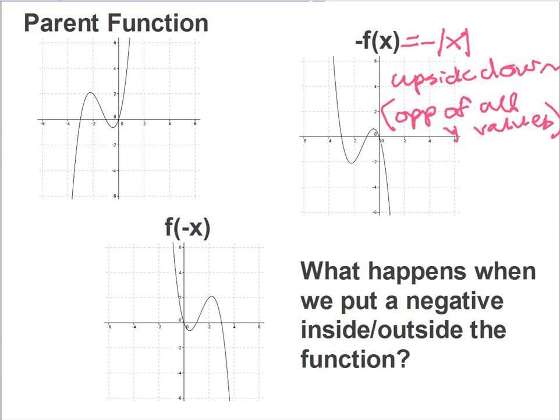Okay, last but not least, let's take a look at what happens if I put the negative inside the function. So in equation notation, the negative is going to be on the inside. Let's look at what that looks like on our calculator.